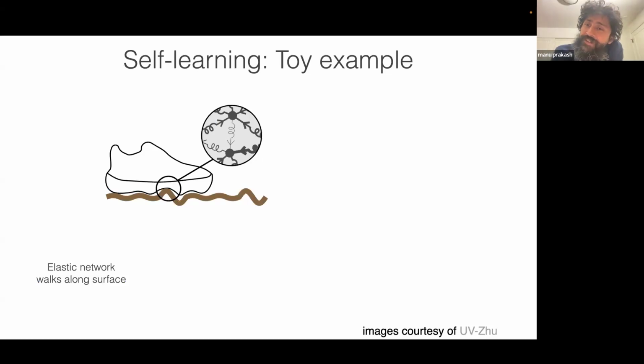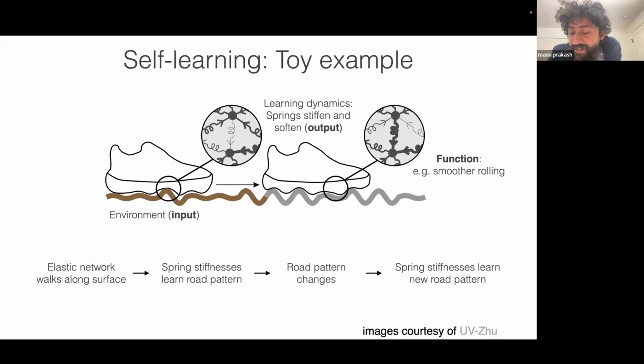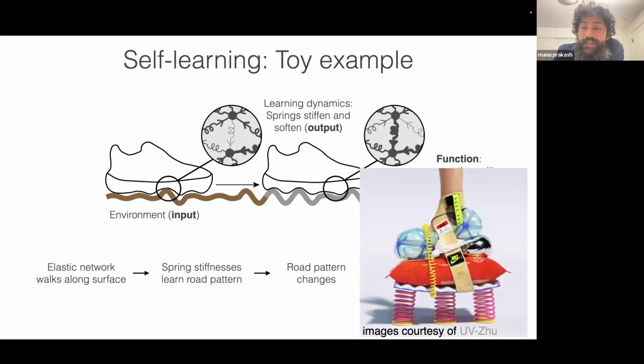What we were interested in is, can we build a material that follows the laws of physics, is made out of just purely local interactions like springs, has the capacity to read the environment and adapt and change to learn a specific function? Now, this would be the classic framework of machine learning, except one of the important criteria for us is we really cared about unsupervised learning.